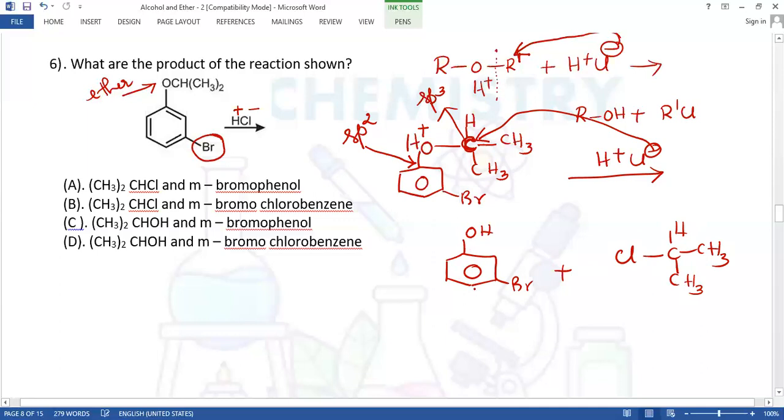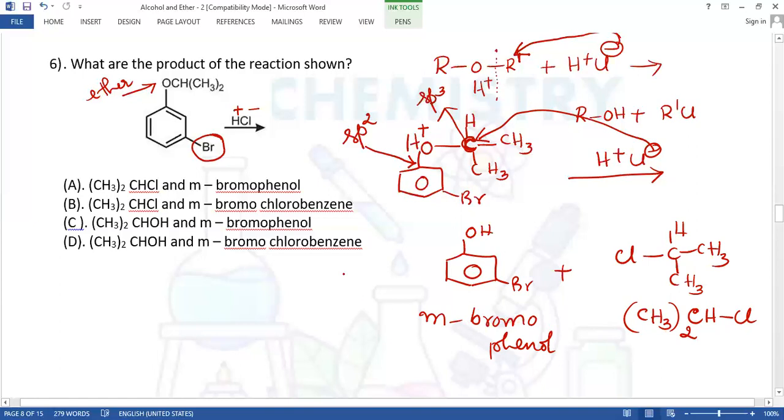This you know is a phenol. Which phenol is it? Meta-bromophenol. Then this other compound can be written as CH3 twice attached to the same carbon atom, it has got hydrogen, then chlorine should be there. Right?